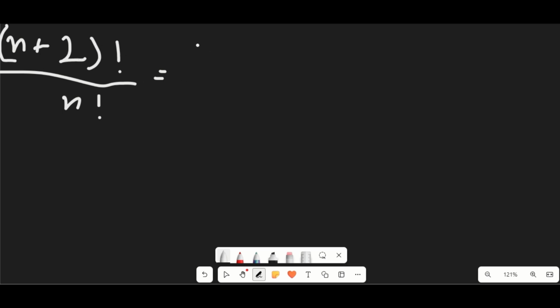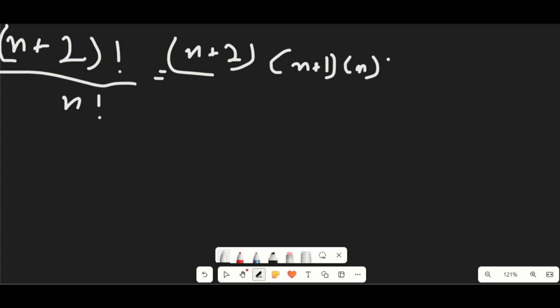So we open n plus 2 factorial as (n plus 2) times (n plus 1) times n factorial, divided by n factorial.